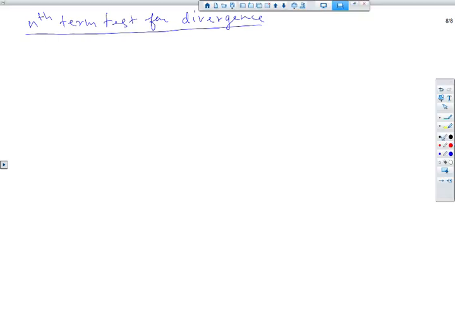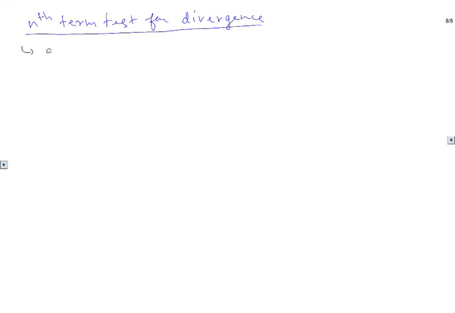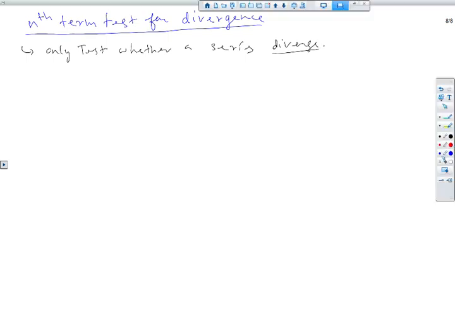This only checks whether a series diverges, so it cannot say anything about a series converging. That's one of the problems with this one. But this is a very powerful result. You can save a lot of time remembering this result.